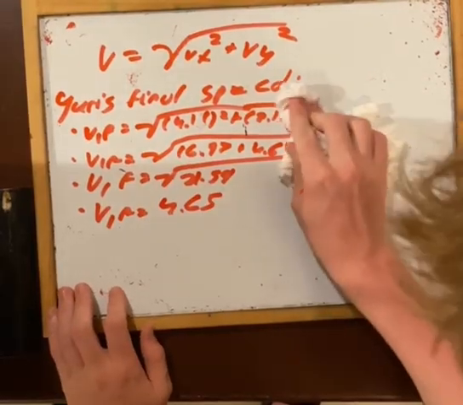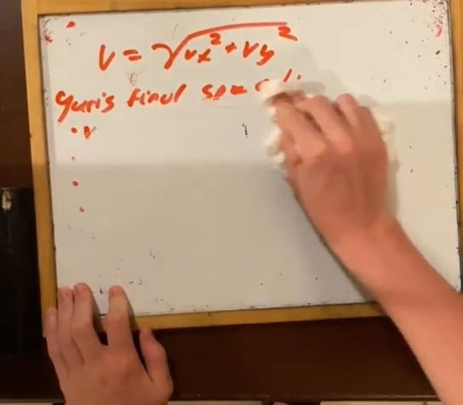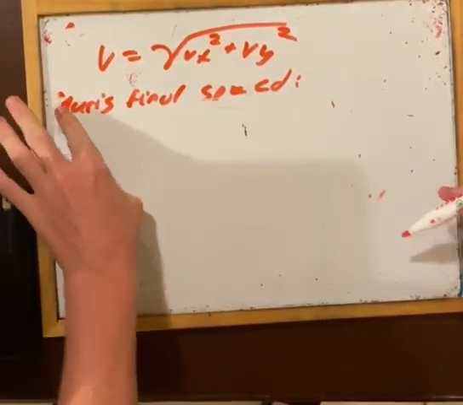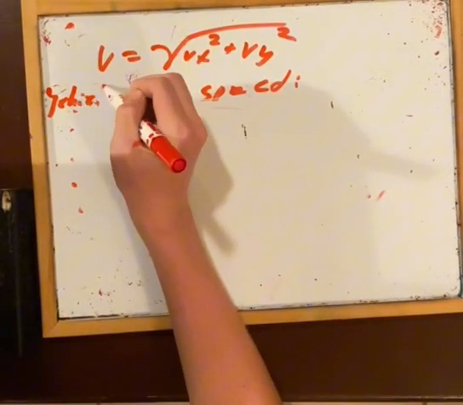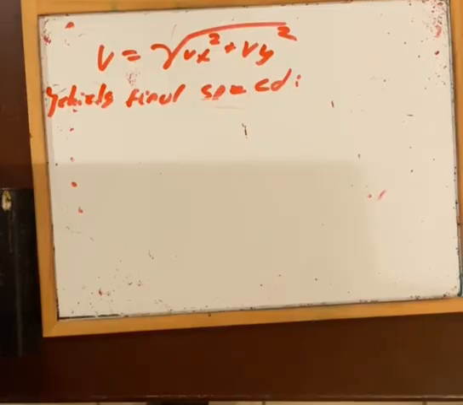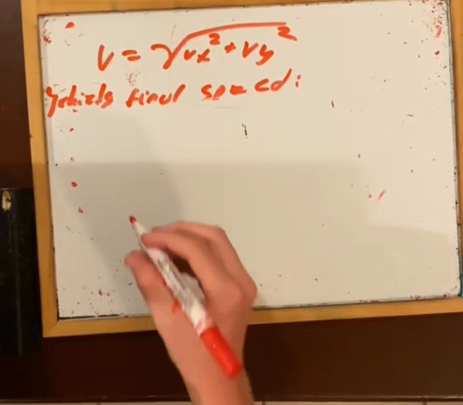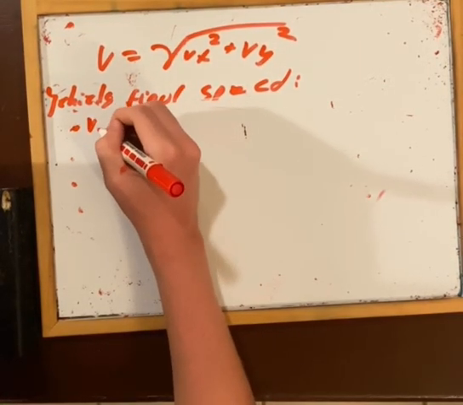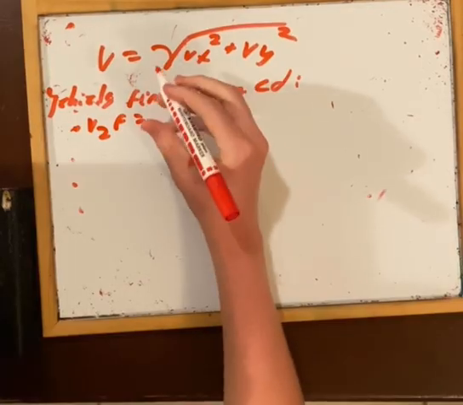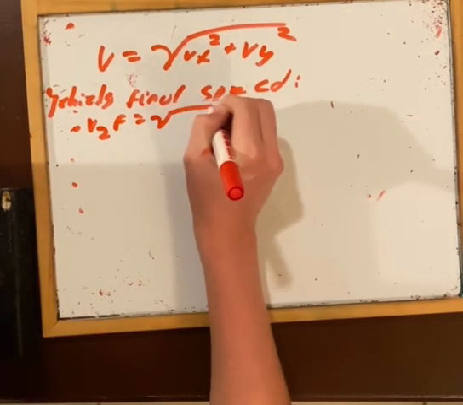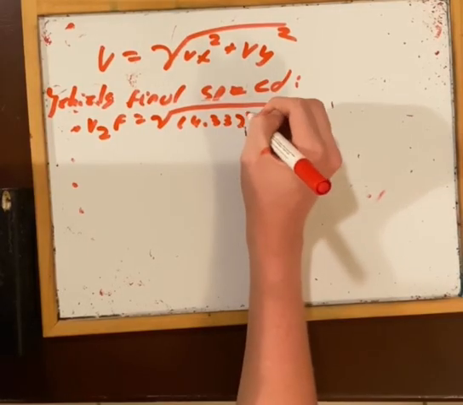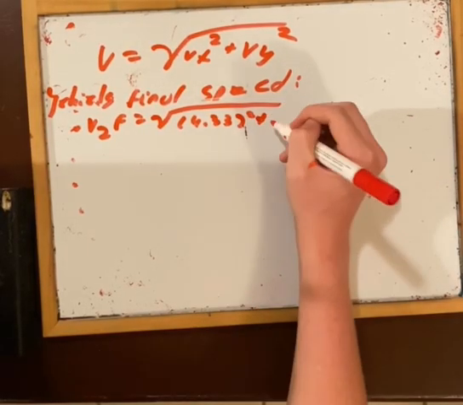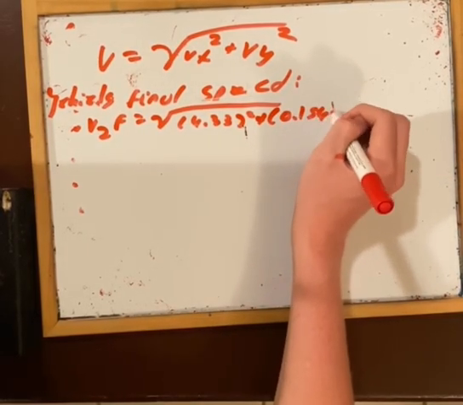So now we can erase this, and instead of Yari's final speed, we're going to do Yehiel's final speed. So Yehiel's final speed would be velocity 2f equals the square root of 4.33 squared plus 0.154 squared.